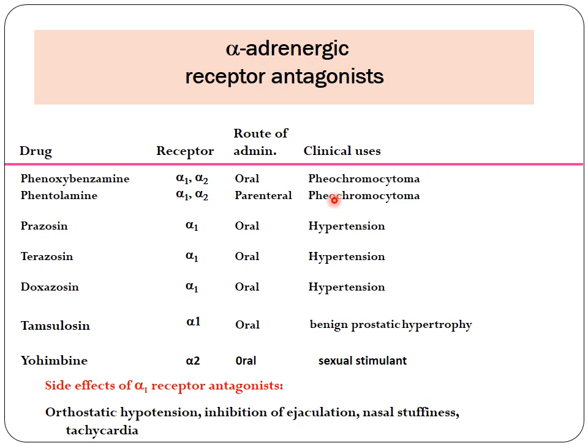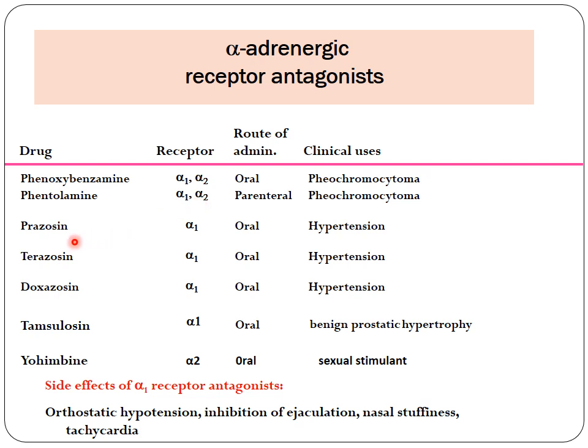It is a catecholamine secreting tumor causing hypertension. The only difference between phenoxybenzamine and phentolamine is that phenoxybenzamine has a long duration of action because it blocks these two receptors irreversibly, while phentolamine is a competitive blocker.